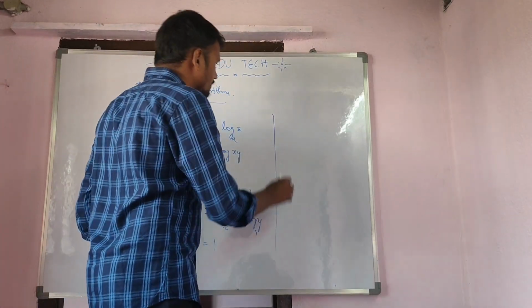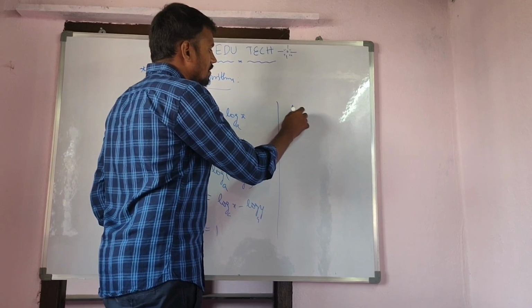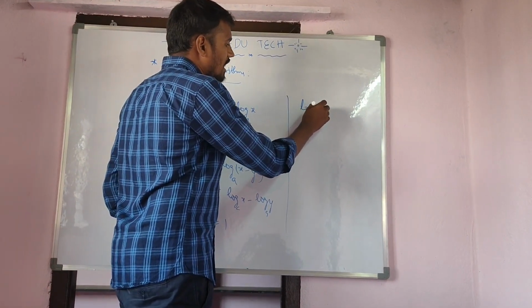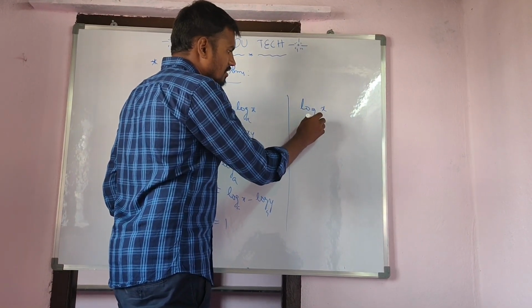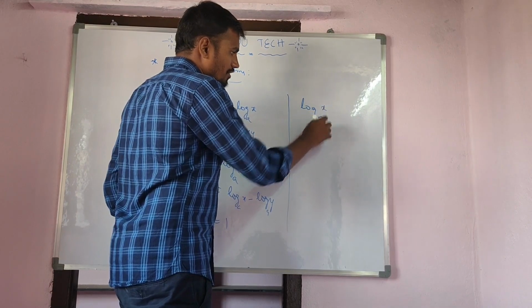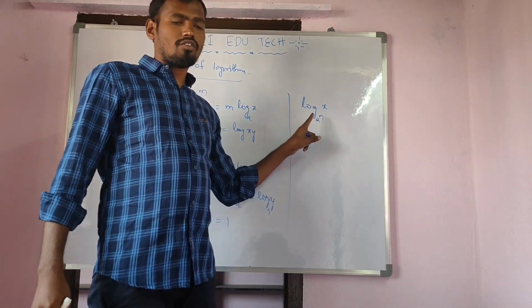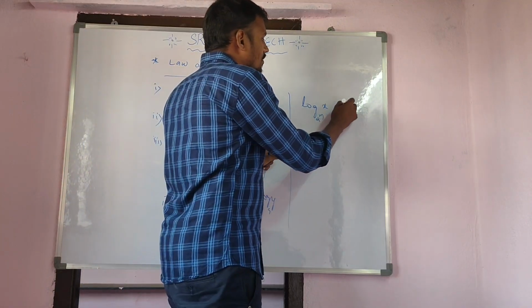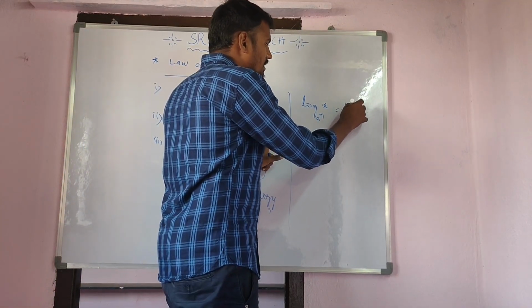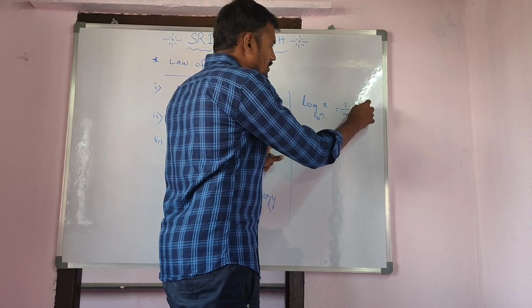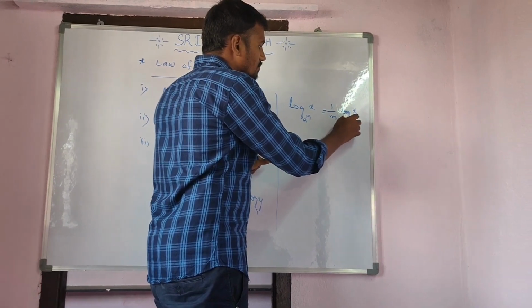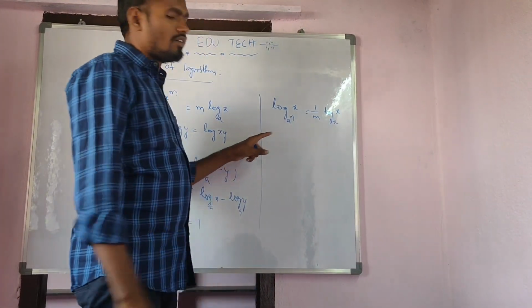Next one, suppose log x to the base a to the power of m. Log x to the base a to the power of m is equal to 1 by m into log x base a. Okay na?